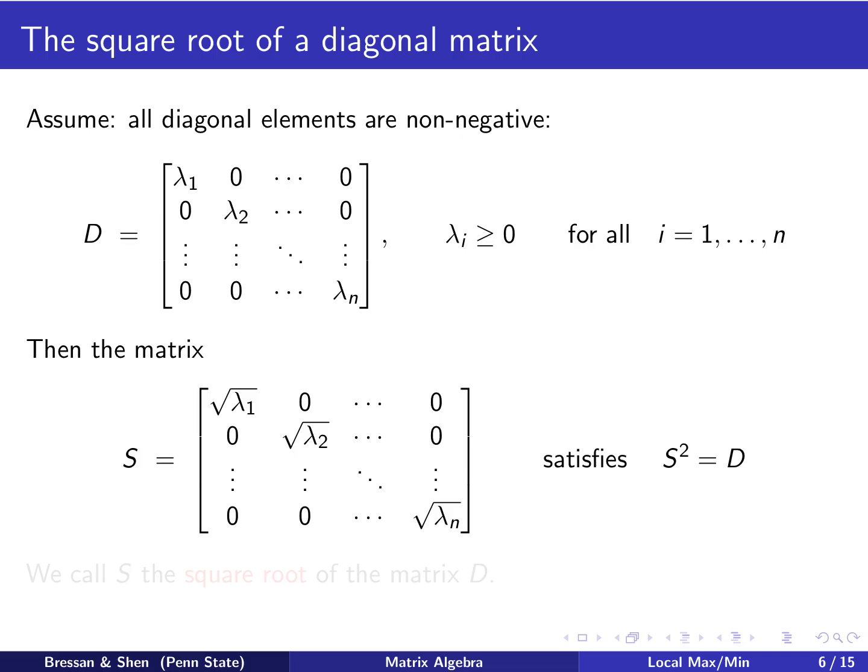And then we form another diagonal matrix, let's call it S, where we just take the square root of all the diagonal elements here. So this is a diagonal matrix as well. And then you can carry out a simple calculation, that is S times S, which is S squared.